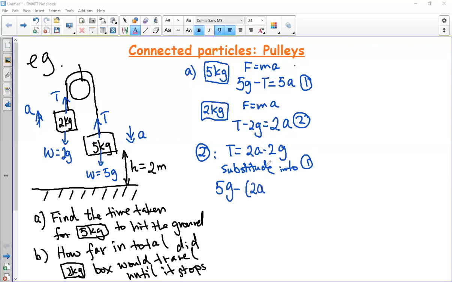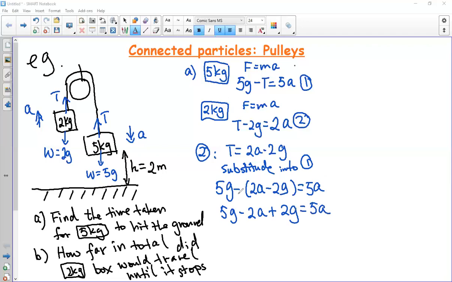So replace T with 2a minus 2g, and that equals 5a. Open the bracket, don't forget to change the sign. So we have 5g minus 2a plus 2g equals 5a.